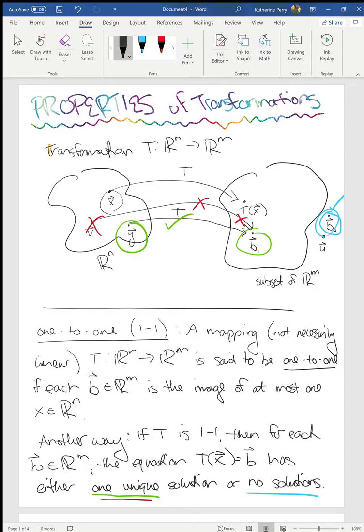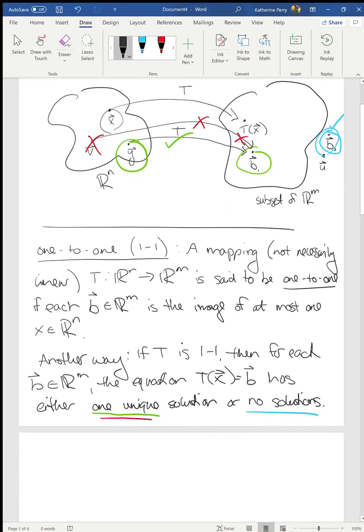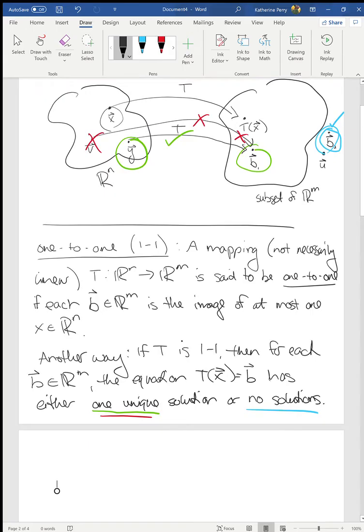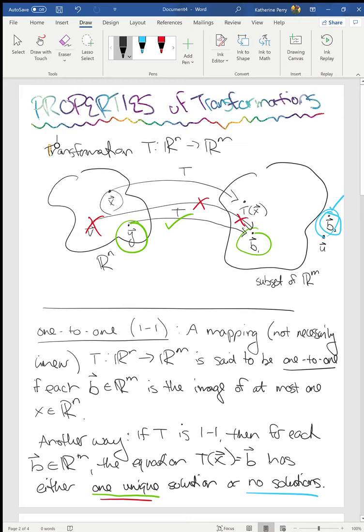And there's a third way to think about this, and it comes from the motivation of how I would actually go about proving that a transformation is one-to-one. So what I'm going to say is that if I have two vectors, let's say x and y, and they both go to the same thing, so let's say both x and y go to b.